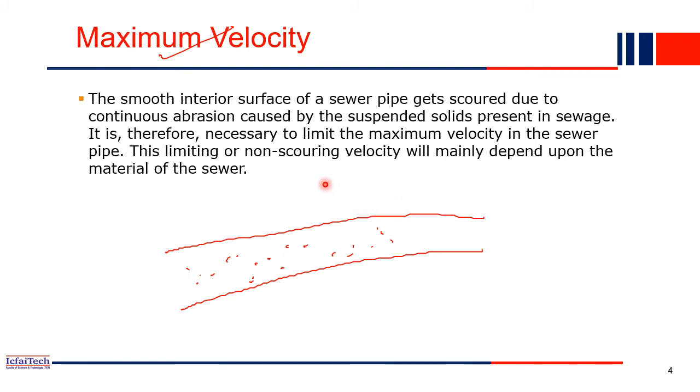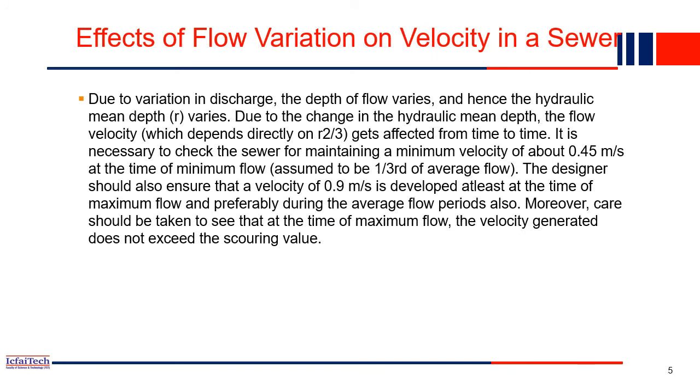So basically the scouring velocity depends on which material we have used for the construction of these sewer pipes. Okay, so that's why always we have to maintain the minimum velocity as well as the maximum velocity in the sewer pipe system. And lastly, we'll be discussing the effect of flow variation in the sewer pipe.